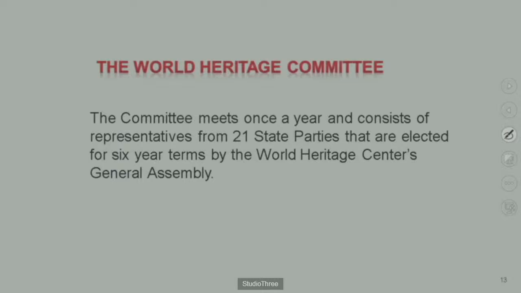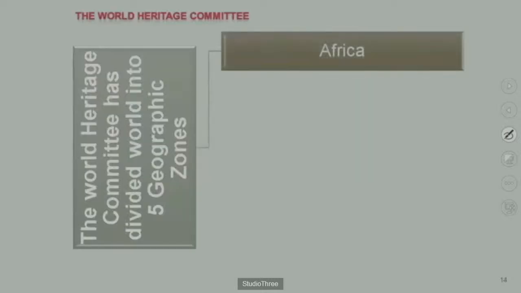The committee is solely responsible for establishing which sites will be listed as UNESCO's World Heritage Sites. They have divided the whole world into 5 zones. The World Heritage Committee has divided the world into 5 geographic zones.